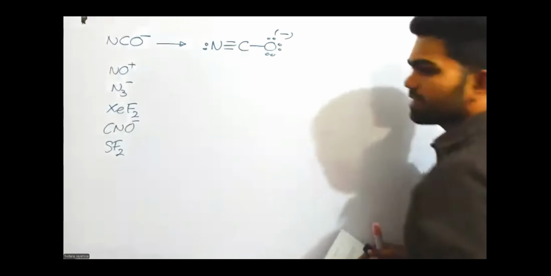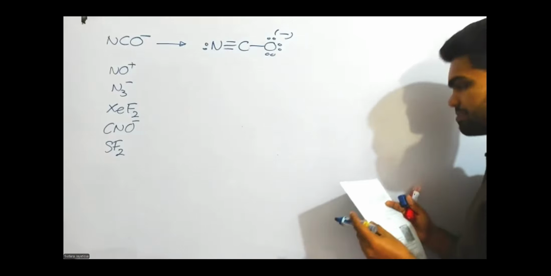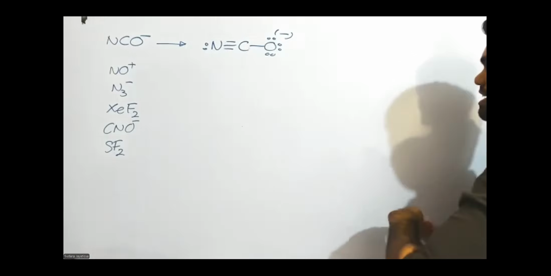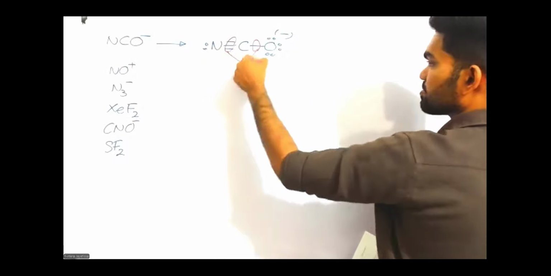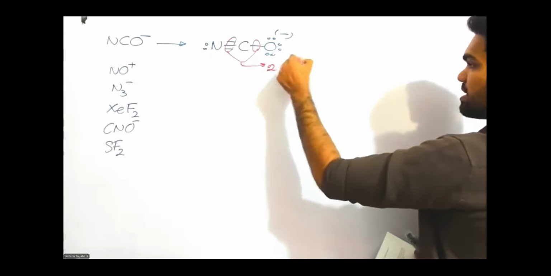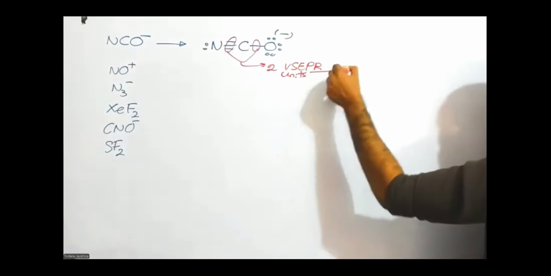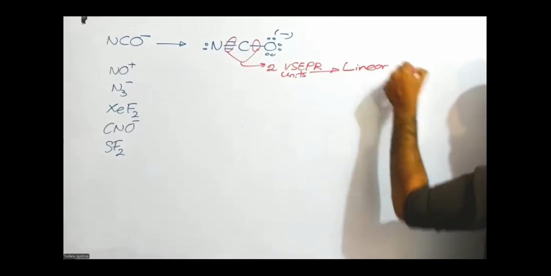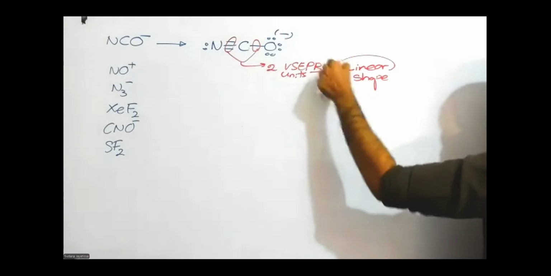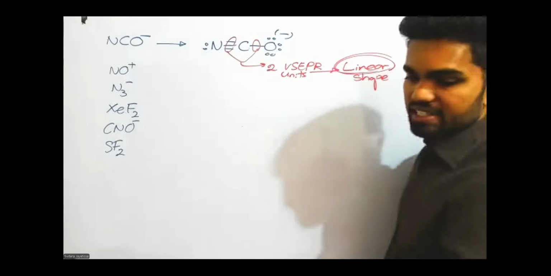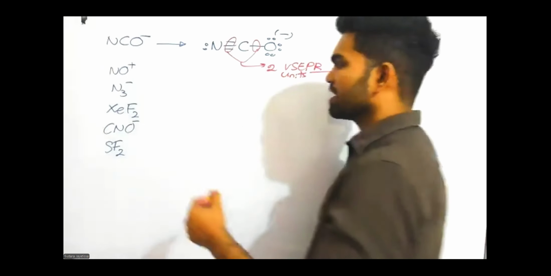Oxygen is the more electronegative element. So this is the stable structure. And then you can see here, you have 2 VSEPR repulsion units. Therefore, it's linear electron pair geometry and linear shape. So it's linear. They're asking which one is not linear. That's the question.